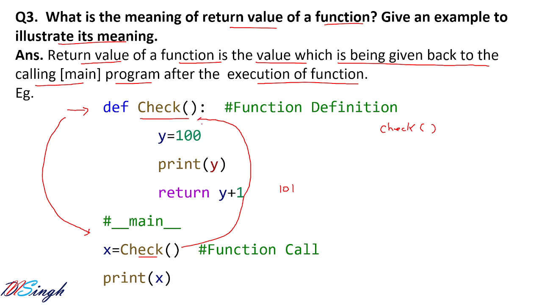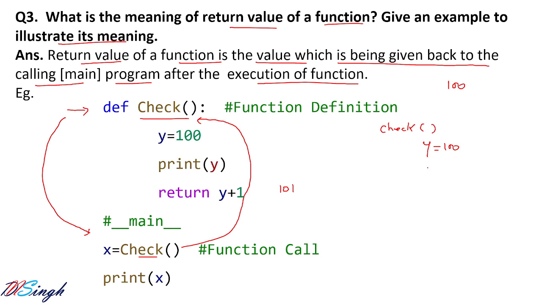So it goes inside check and does not produce any error, because it already knows there is a function with the name check inside this program. Now the variables local to function check will be created, like y equal to 100. This is a local variable to the check function, and then the y value, 100, will be printed.